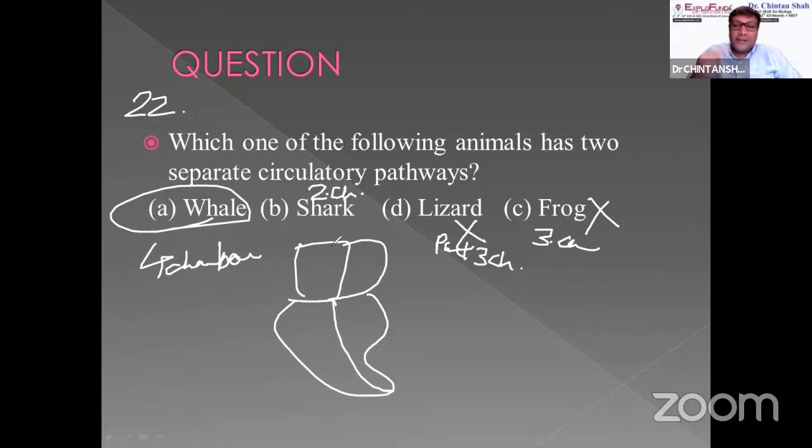Two separate circulatory pathways are possible only if the separation is perfect. Double circulation is perfectly fine in our body, systemic and pulmonary, because in the frog mixed blood is transported. If you agree, please write down 22A agree. Let's go further.